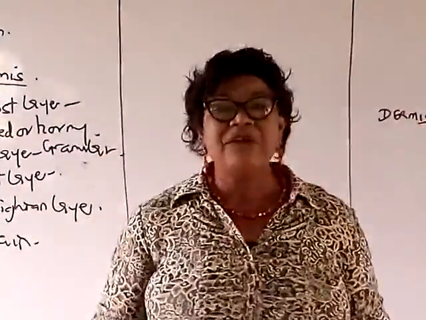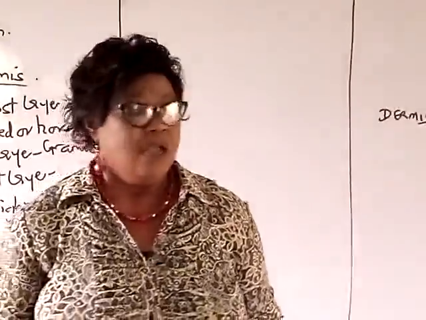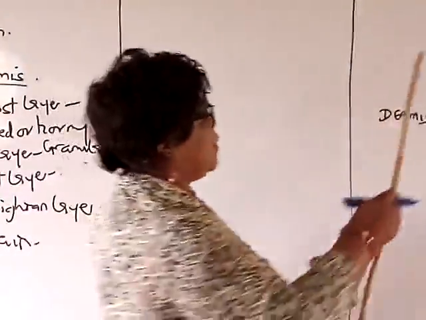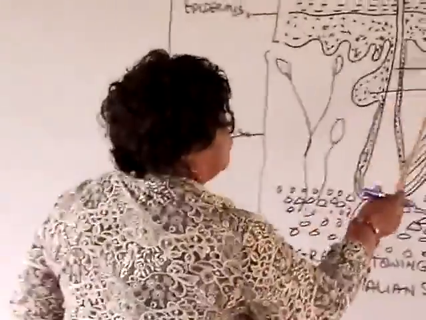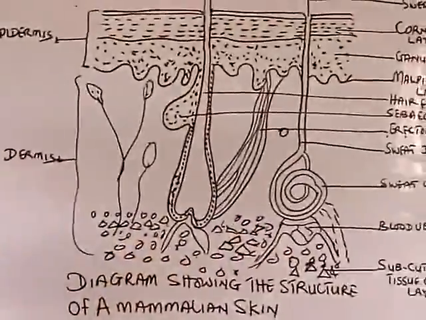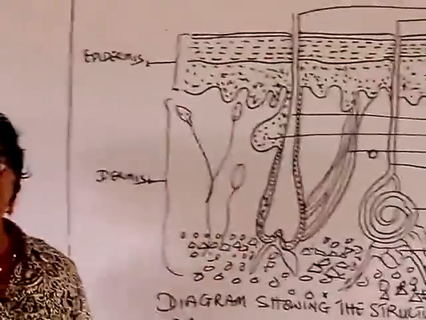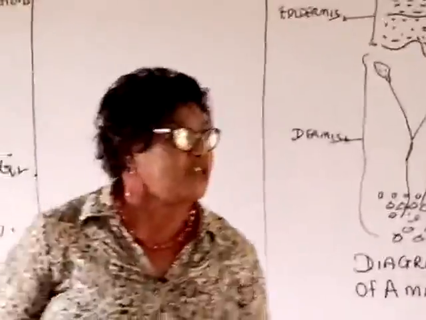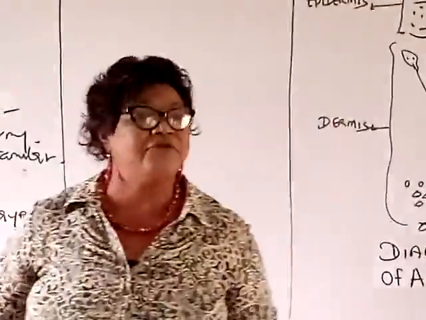Not only that, they have a lot of infolding. What do I mean by infolding? You can see the way they coiled in. Some of them folded in until some enter into the dermis. Now, this infolding results in the formation of what we call sebaceous glands and also the hair follicle.